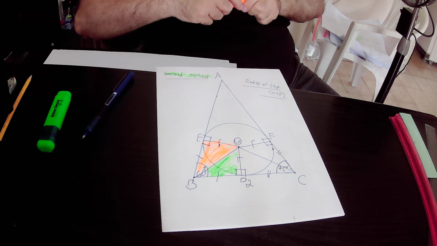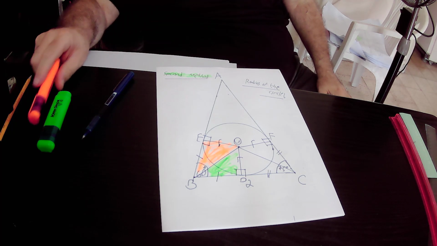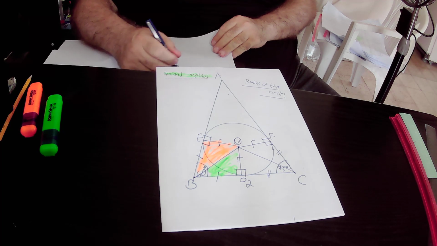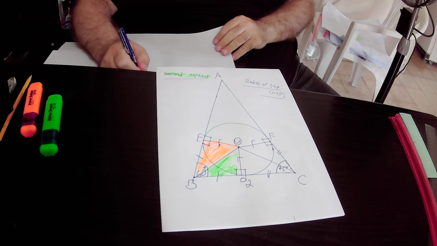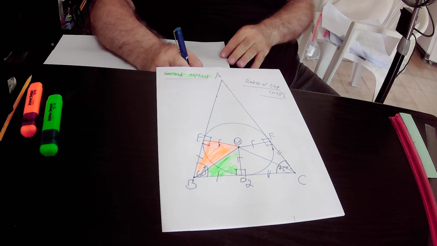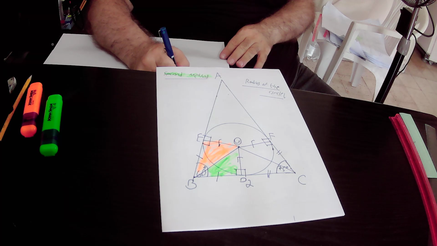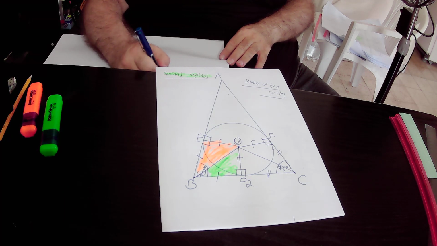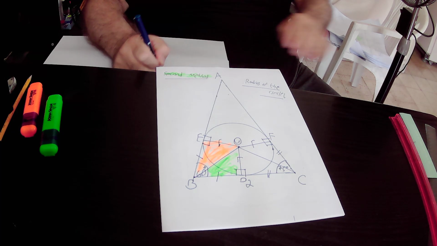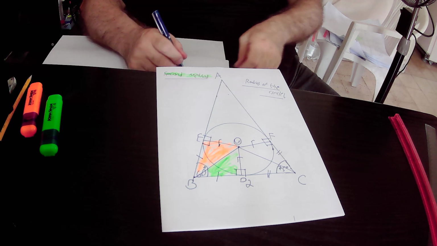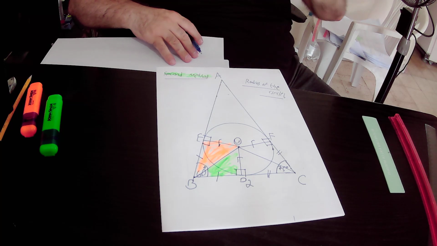So why are those two triangles congruent to each other? I write it down. Triangle OBD, triangle OBE. So why can the green triangle be congruent to the orange triangle?